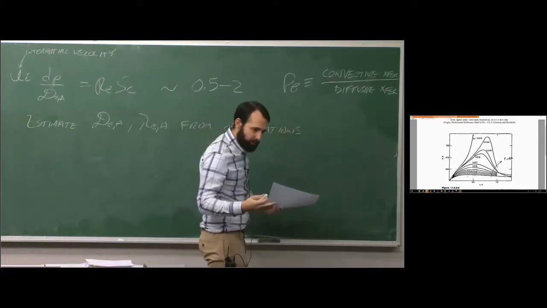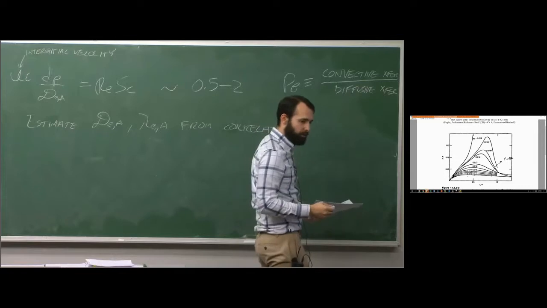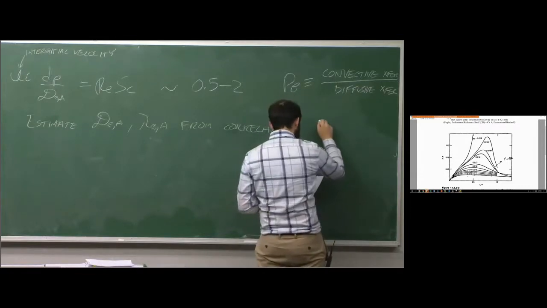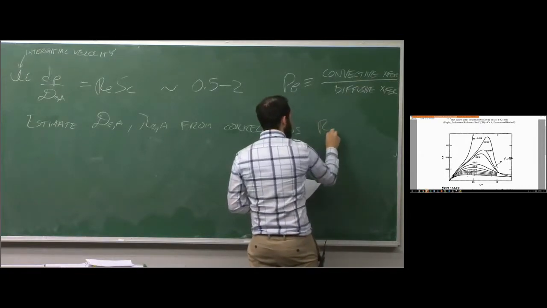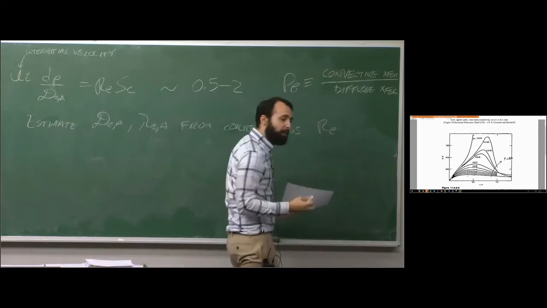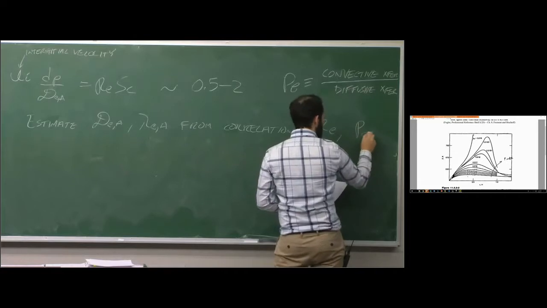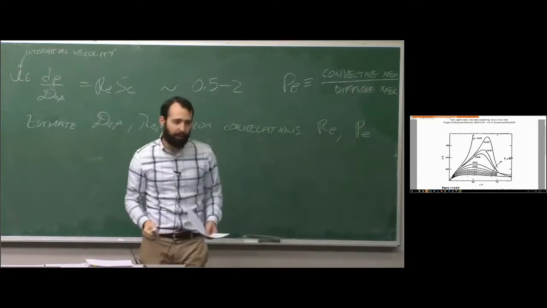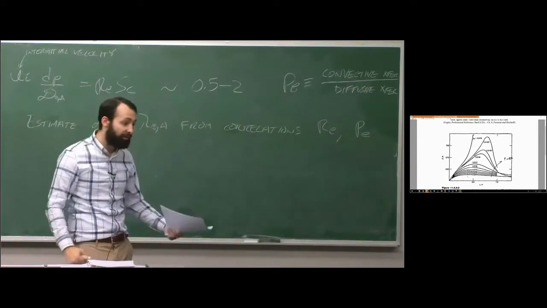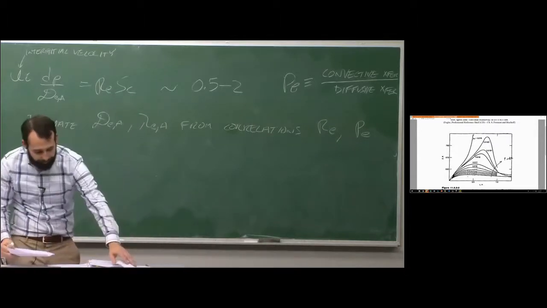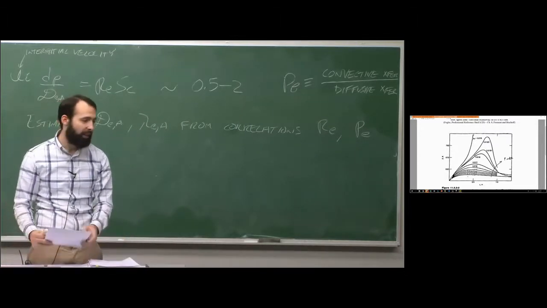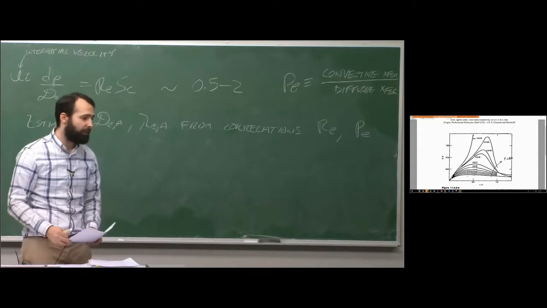Viscosity can affect diffusivity. But it's not in the Peclet. No, but where do I get a diffusivity from? Typically, you look up correlations between the Reynolds and the Peclet, which will tell you something about the effective diffusivity. But yes, in estimating diffusivities, you'll see viscosity.